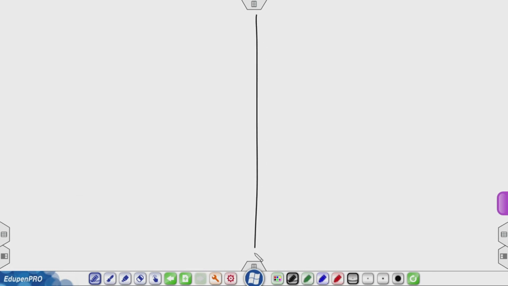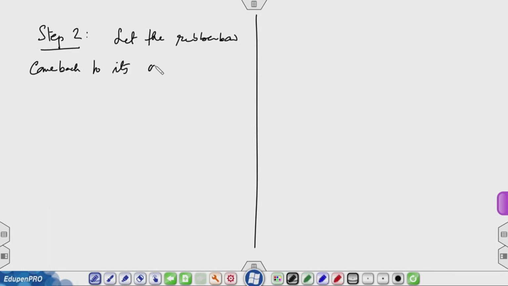Then step 2: let the rubber band come back to its original length quickly. It should be so quick that the process is adiabatic.